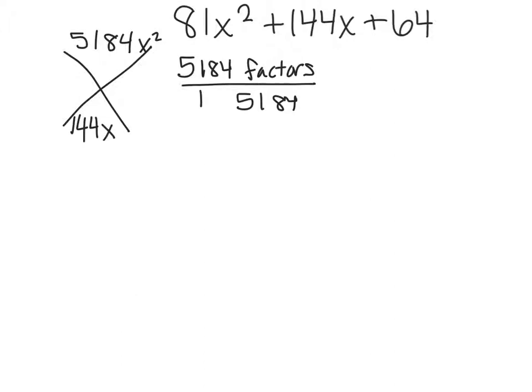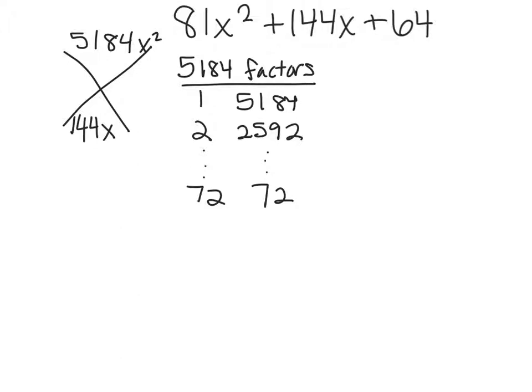Well, I'm going to speed this process up just a little bit. I know that 2 goes into there 2,592 times, and I could keep going. There's lots of factors, but I know that 72 goes into 5,184 72 times. Otherwise, this video could be a pretty long video.